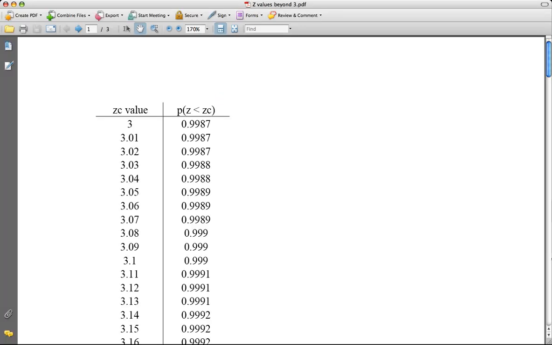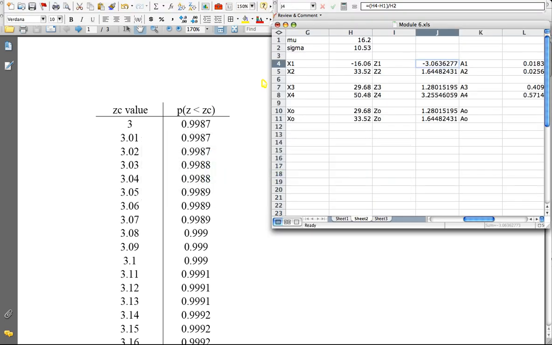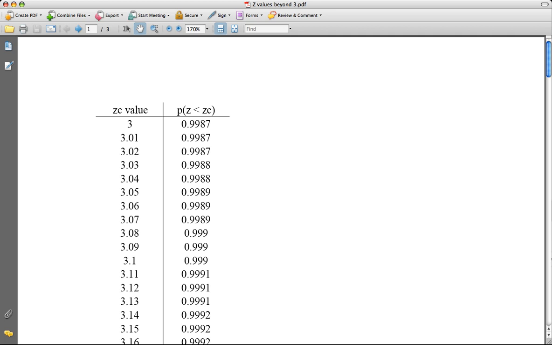So the value of z that I'm looking for on this table is equal to minus 3.06. Okay, and to be consistent with what you've been computing so far, to find the values that are lower than minus 3.06, because again this is positive, I have to subtract 0.9989 from 1.